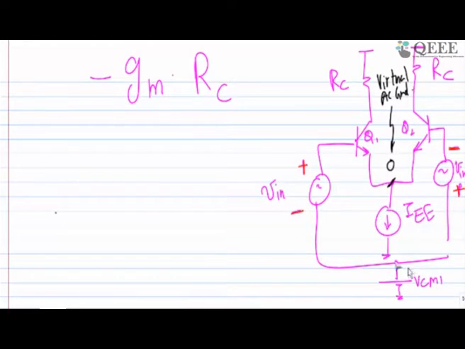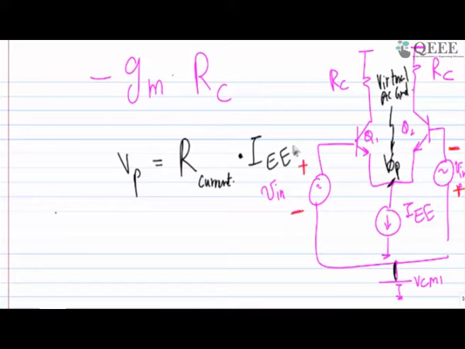So if I'm applying common mode voltage over here and there is no AC signal, then the voltage at point VP will be equal to the resistance of the current source times the current, which is IE. So that will be the current available at this point if you are applying the common mode voltage.